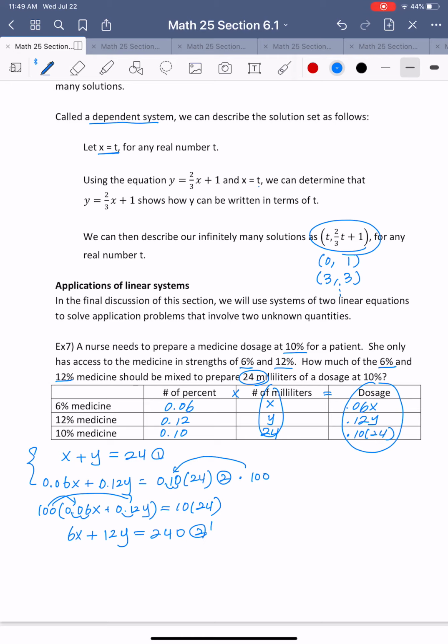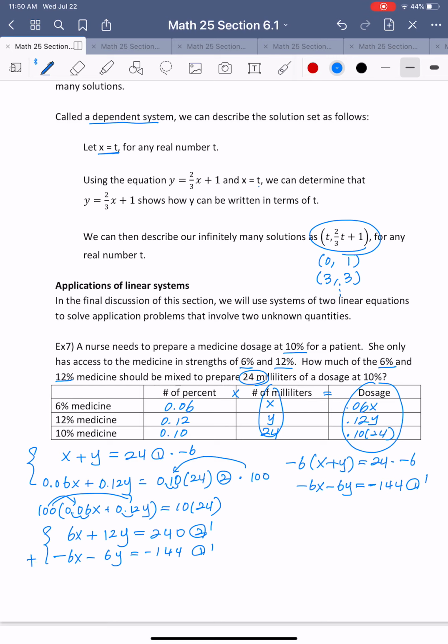And then equation 1, I'm going to multiply by negative 6 in order to get the opposite, right? So negative 6 times x plus y equals 24 times negative 6. So negative 6x minus 6y equals negative 144, isn't it? 24 times 6, yeah, 144. So I'm going to call this 1 prime.